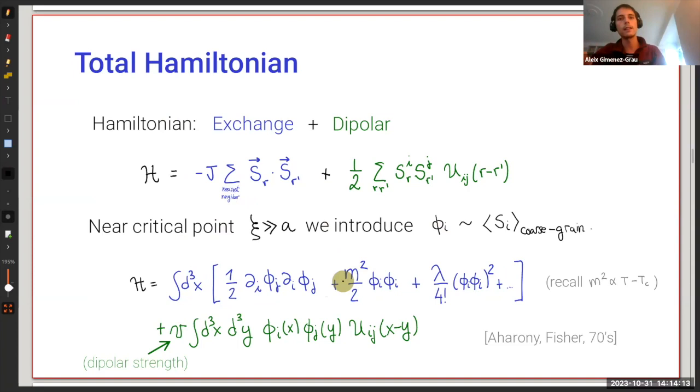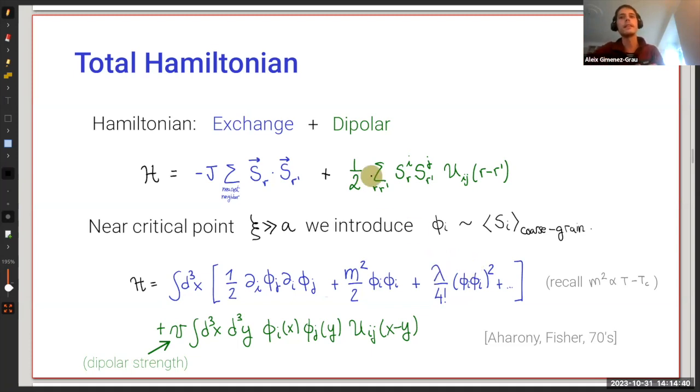Then there's some mass, and the physical meaning of the mass is that it roughly measures how far away you are from the critical temperature. And then there's some coupling lambda. This has to do with the fact that at the critical point, this theory behaves in a very non-trivial way. There are non-trivial interactions between different types of fluctuations, and that's captured by this phi to the 4th term.